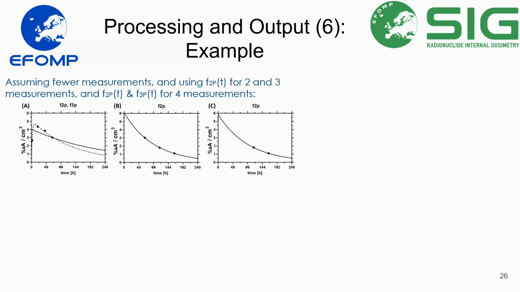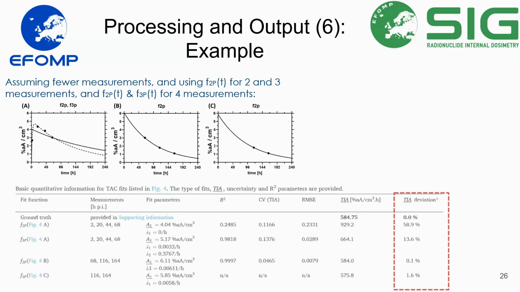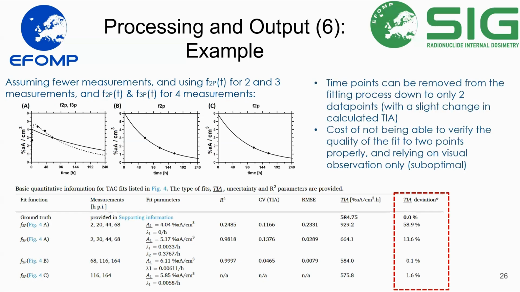As you can see here from these three graphs and this table as well, this red box shows the TIA deviation from each of the fittings if we have only 3 data, 2 data. We can say the time points can be removed from the fitting process down to only 2 data points with a slight change in calculated TIA.